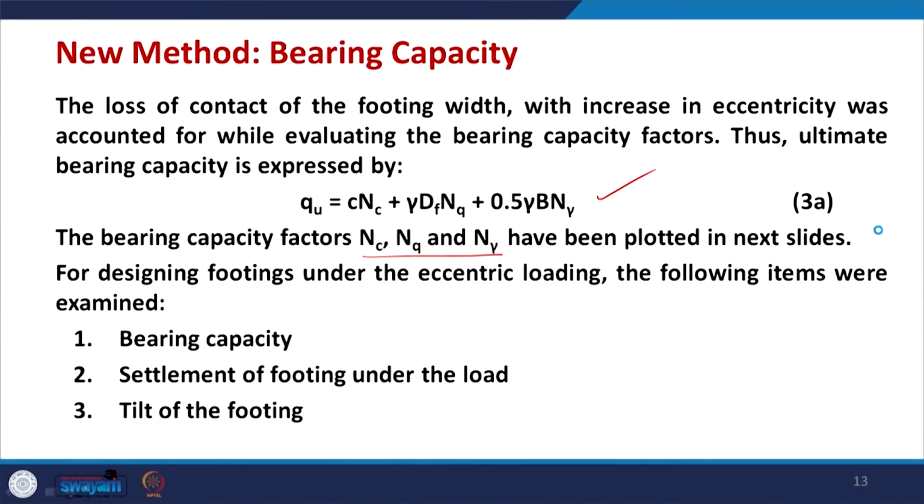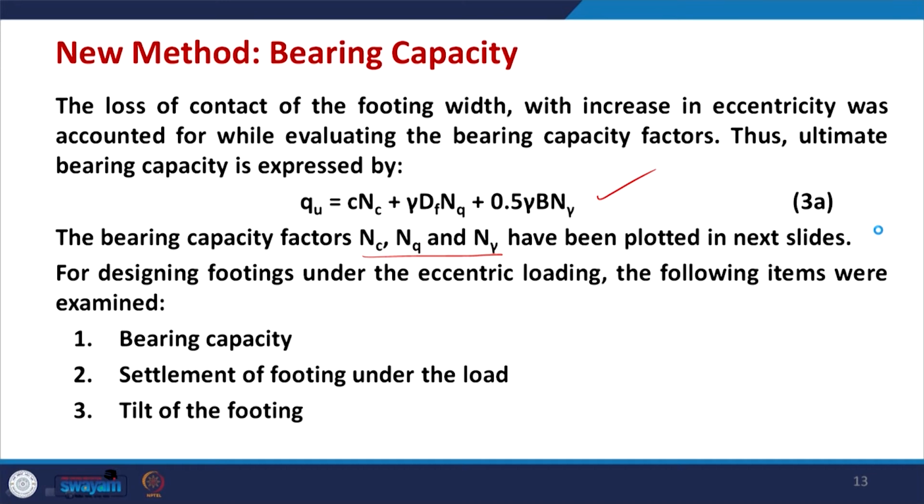Now, continuing with that. What we have considered so far is the effect of eccentricity on NC, NQ and N gamma, but there may be a case where we need to consider the effect of shape factor, depth factor and inclination factor, because the equation which we have discussed is for stiff footing, equation 3a.